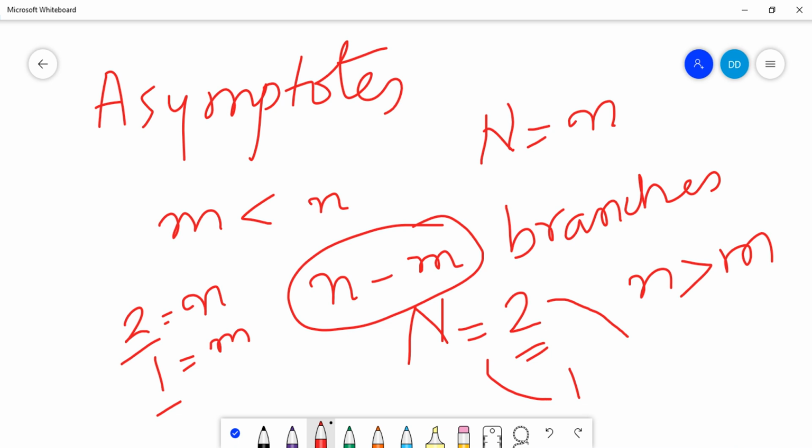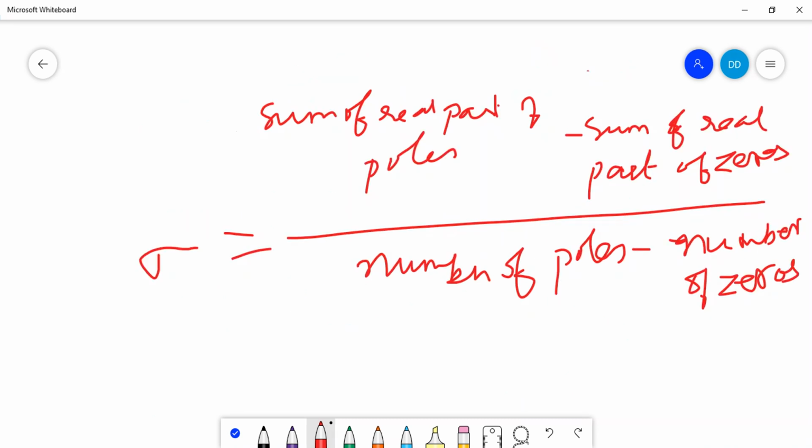The asymptotes will intersect the real axis at a common point called the centroid. So all the asymptotes will intersect at a common point called the centroid. So what is the centroid? The centroid is given by the sum of real parts of poles minus the sum of real parts of zeros, divided by the number of poles minus the number of zeros.